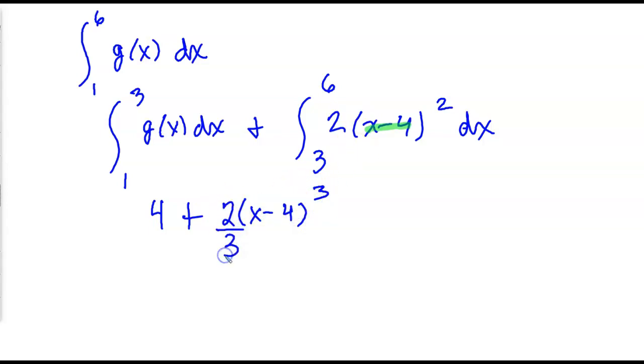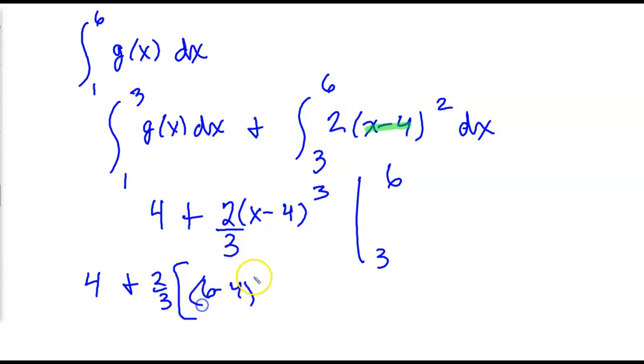And then I divide by the new exponent, and this is going from 3 to 6. So I have my 4 from my first part of my integral, and now I plug in my upper limit. And I'm going to factor the 2/3 out because it's a constant. So this is going to be (6 minus 4) squared minus (3 minus 4), sorry, cubed.